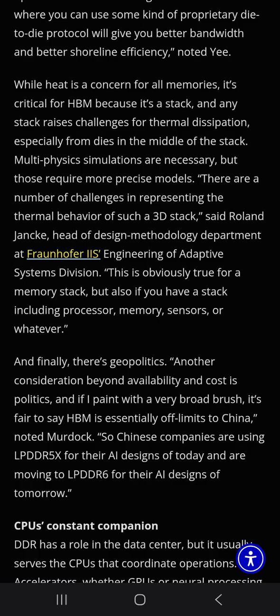There are a number of challenges in representing the thermal behavior of such a 3D stack, said Roland Janke, head of the design methods department of the Fraunhofer IIS Engineering of Adaptive Systems Division. This is obviously true for a memory stack, but also if you have a stack including processor, memory, sensors, or whatever.